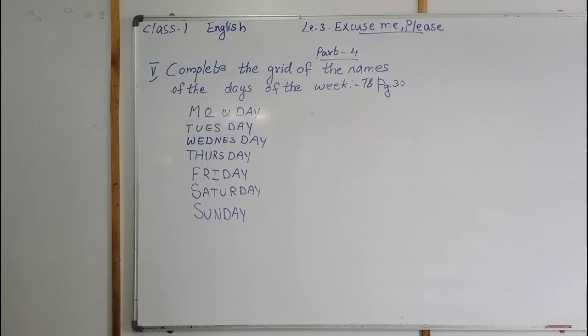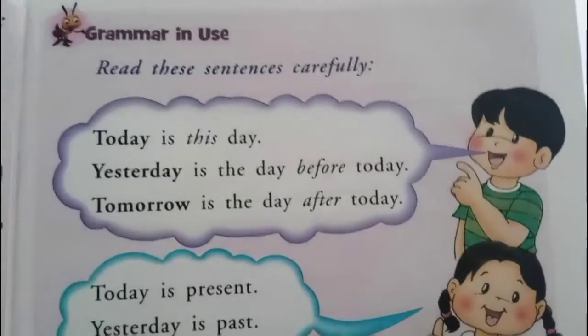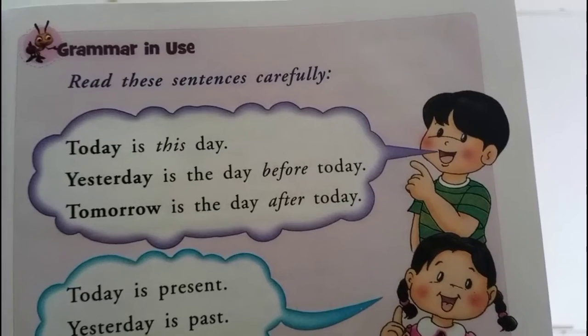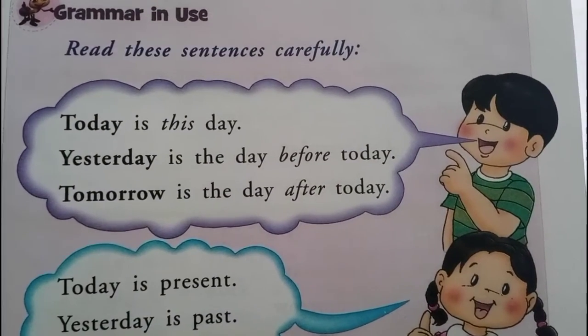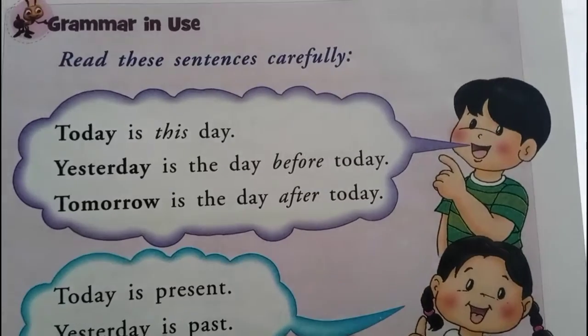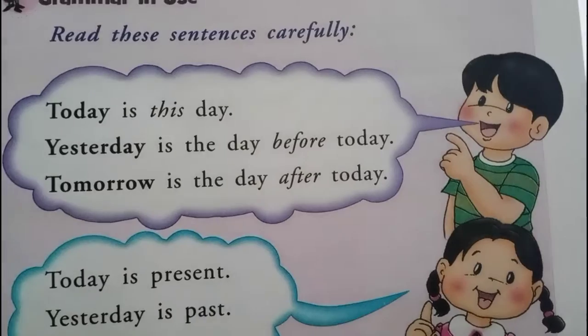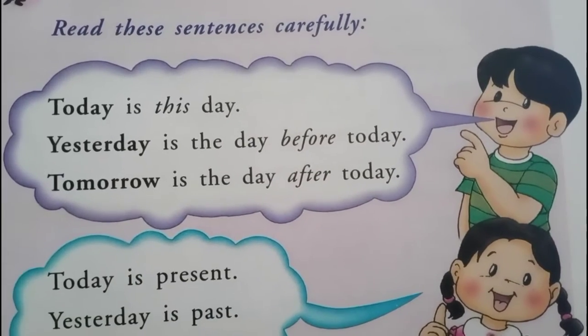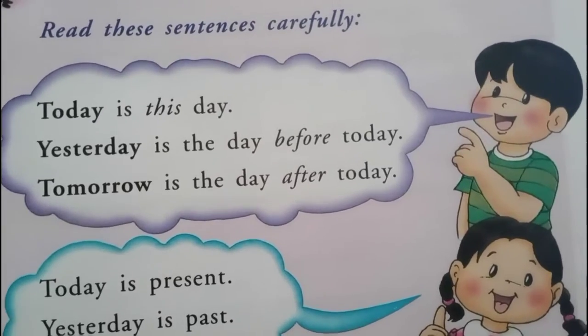Now the next exercise, page number 31, grammar in use. Read these sentences carefully. Today is this day. Yesterday is the day before today. Tomorrow is the day after today.